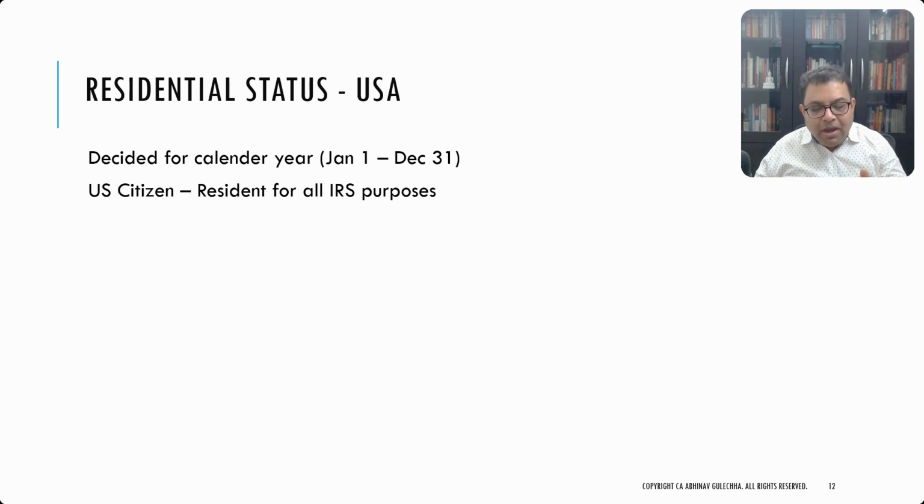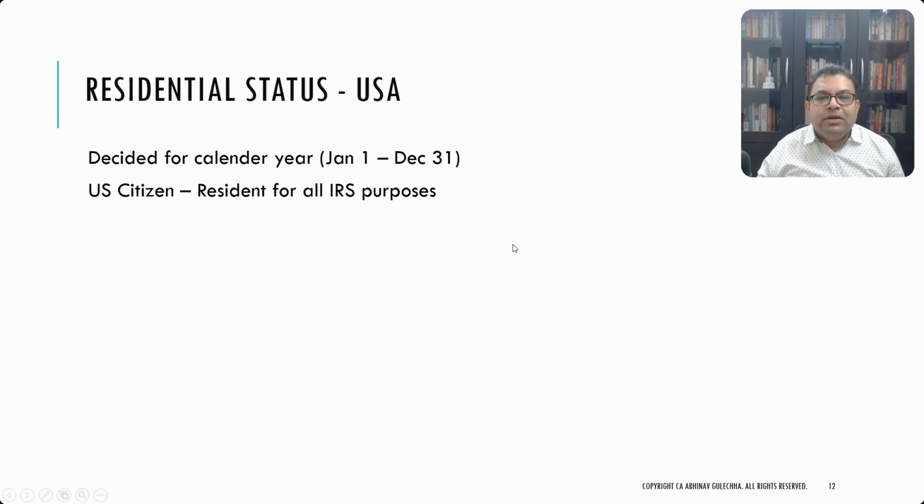Once you are either born as a US citizen or you get US citizenship, then wherever you move in the world, you will be treated as a resident for all the compliance obligations that will come to you. So it's very important to understand your tax compliance obligation: if you're a US citizen, you are a US resident for all IRS purposes.